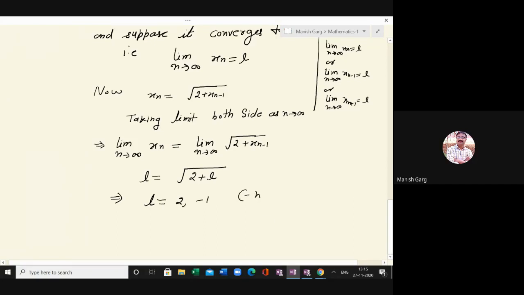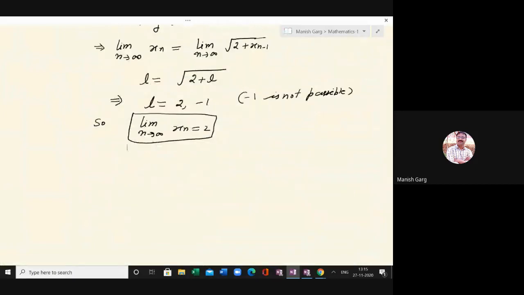Minus 1 is not possible. So the limit as n tends to infinity of xn is equal to 2. So this is the solution of your problem. If anybody has a doubt, ask me.